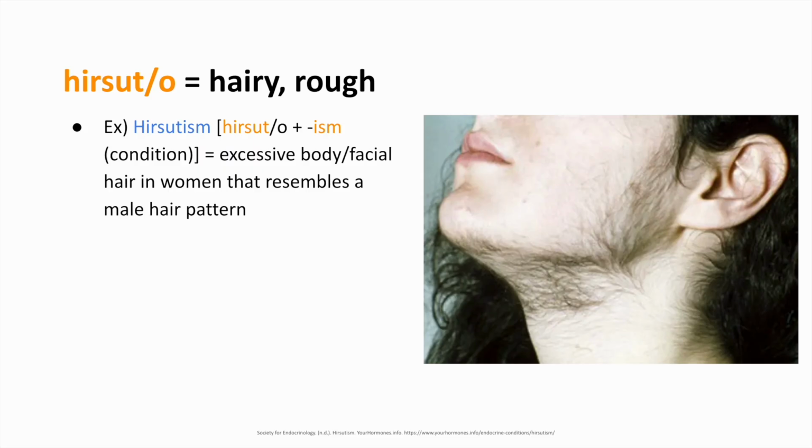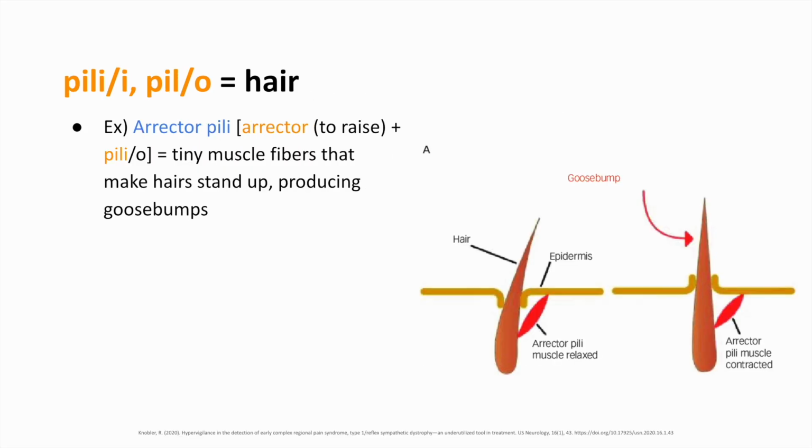Pili, oh, I forget, pili-i or pili-o, is a combining form that means hair. Erector pili, I think, was brought up during the presentation. Erector, like arise, means to raise, and pili is hair.